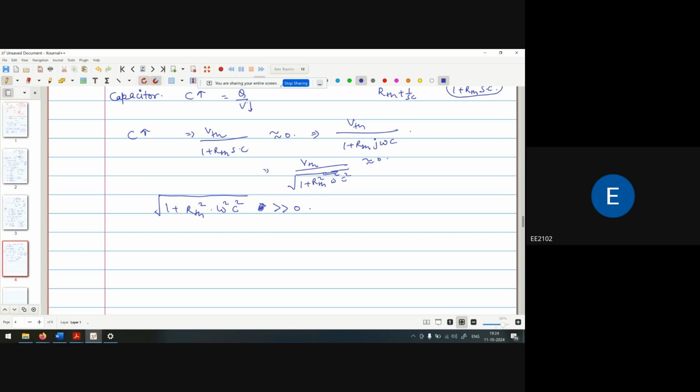That's why I am taking this. Now, how should this value be 0? This value is 0 when the denominator is infinite or very high. If the denominator is high, then 1 plus RTH square omega square C square should be greater than 0. That means RTH square omega square C square should be much greater than 1.